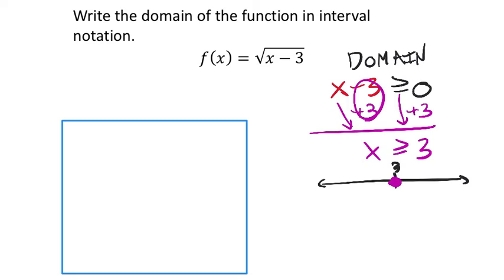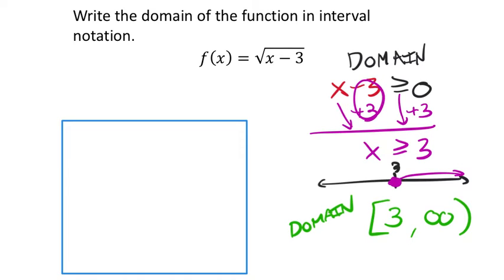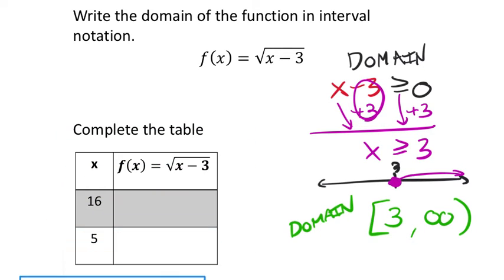Again, x could equal 3, so it's a closed circle, but it's eating the x, so that goes to the right, which tells us the interval starting at 3, which is included, also goes all the way to infinity. Again, this is for the domain. So any value, including 3 and up, would give us some kind of real value from the function. Now that we have that, let's go to the table.